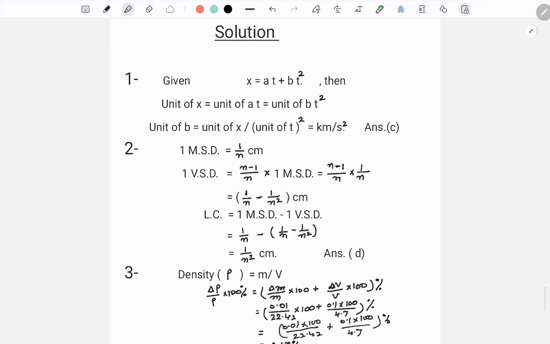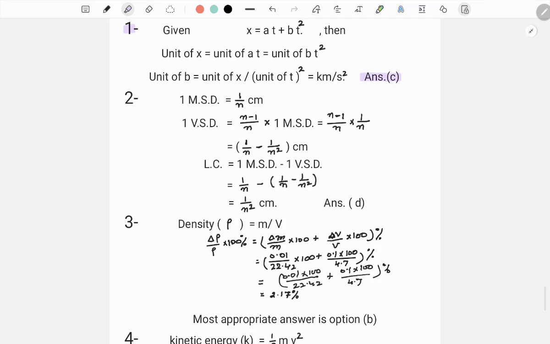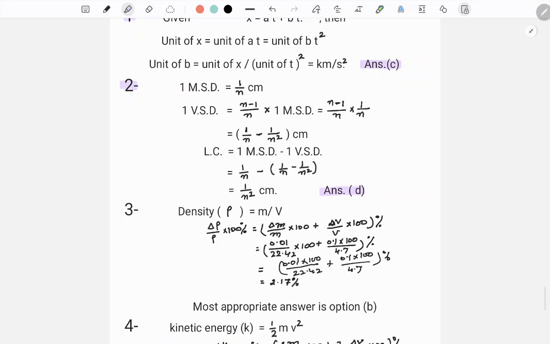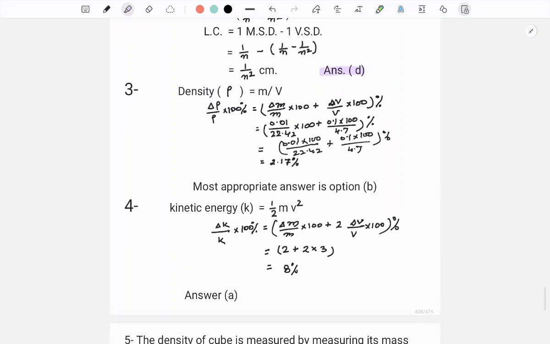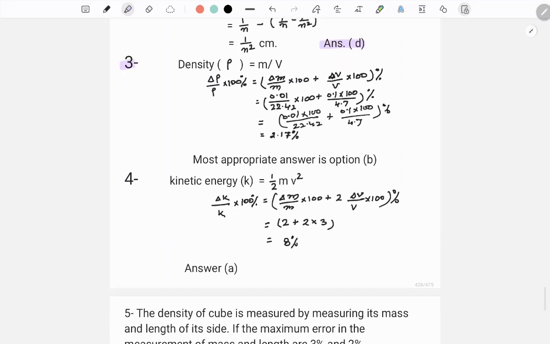Solution. Question number 1. Answer is C. Question 2. Answer is D. Question number 3.